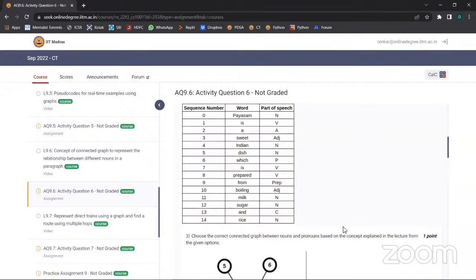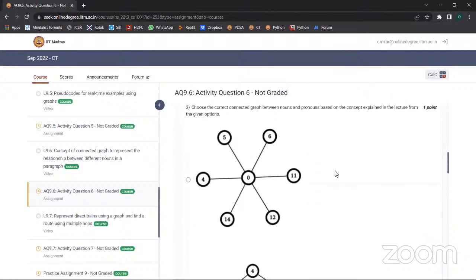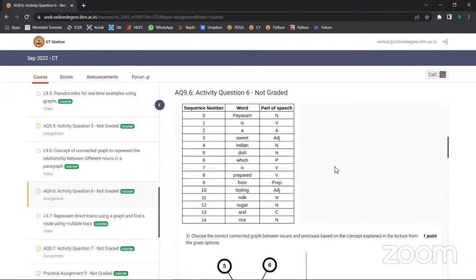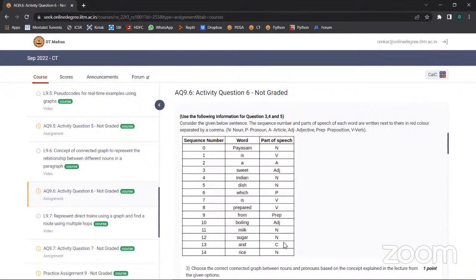So paisam is the noun there, and that has to be connected with various adjectives or a pronoun and so on. That is what we are trying to do here. And after that, there are a couple of other nouns.